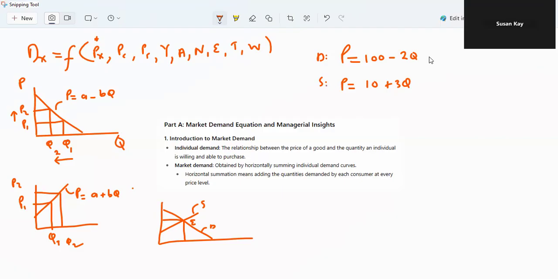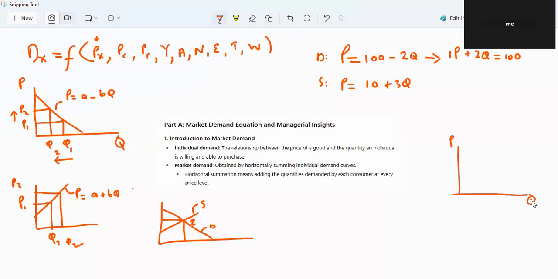You take it to grade 12. You put the numbers on one side and the letters on one side. So this one will be what? P plus 2Q is equal to 100. What have I done? I simply brought this one this side. There's an invisible 1 there. So when I'm sketching, the P is on this axis and the Q is on this axis.